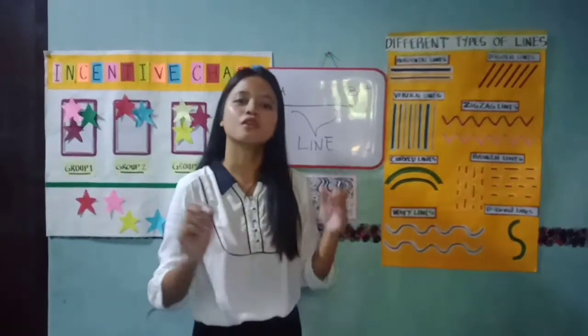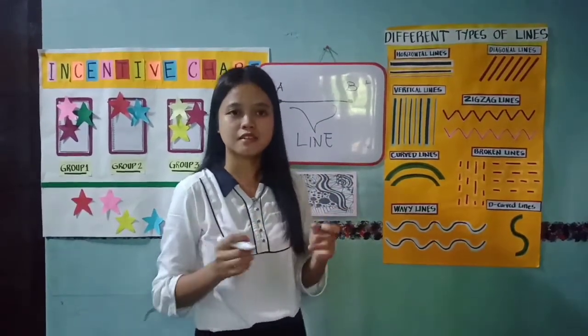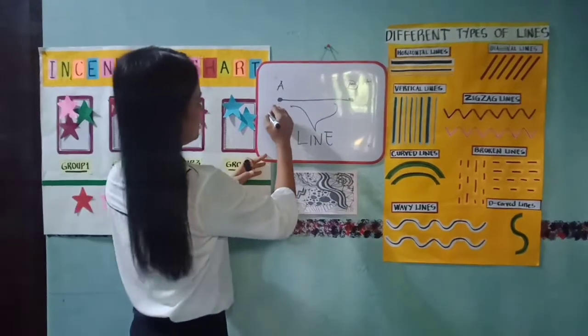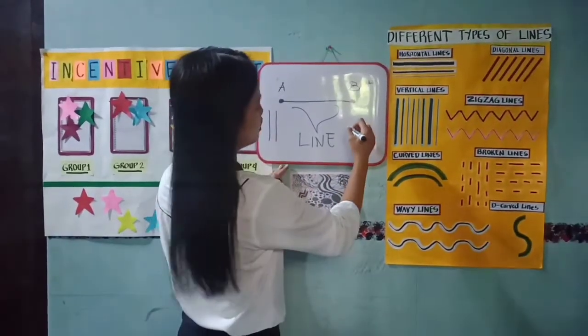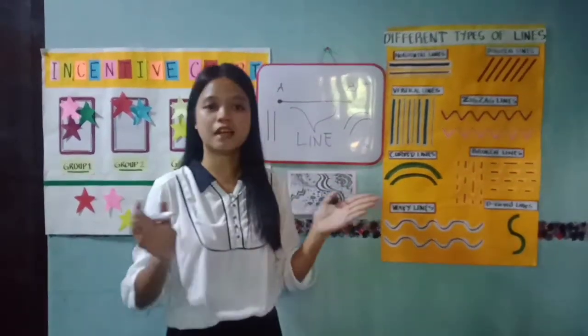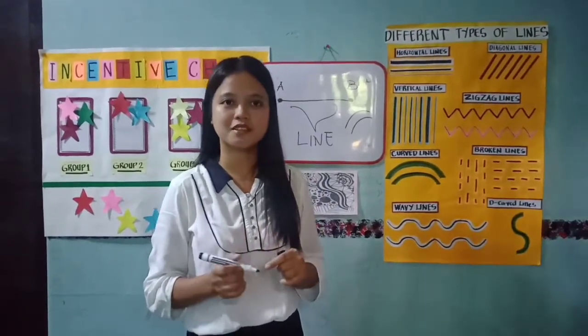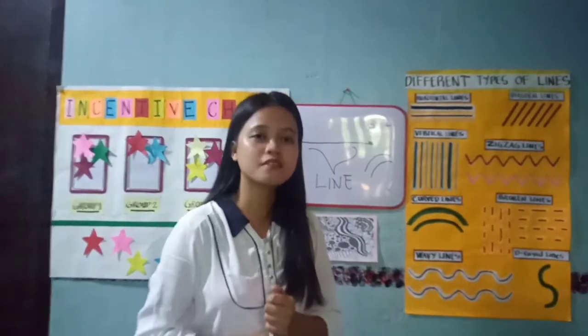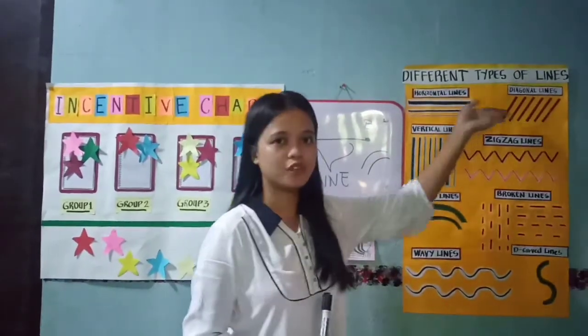Okay, so there are 2 groups of lines. We have straight lines and we also have curved lines. These lines have a big part in creating masterpieces. So for you to understand it clearly, we have here the different types of lines.